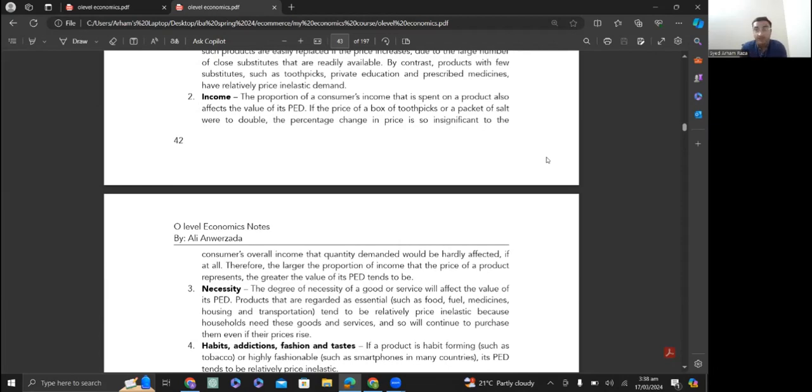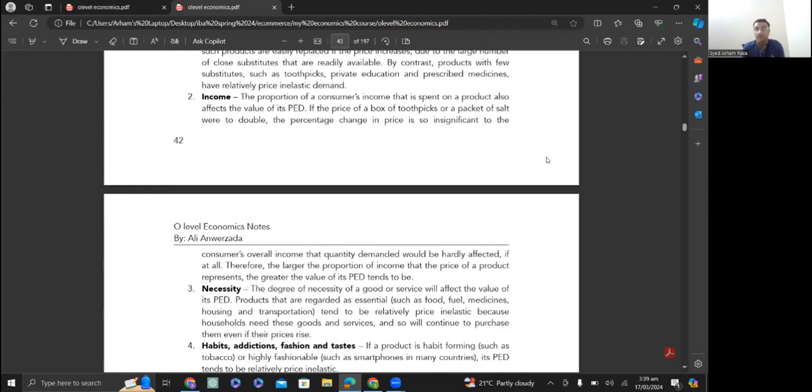Now, income is another very important factor: how much proportion of your income are you spending on that product? If the proportion is very small, say you are spending 0.0001% on a matchstick, and the price of the matchstick increases from rupees 1 to rupees 2 or rupees 2 to rupees 3, you will not go towards any other substitute, or think a lot about it.